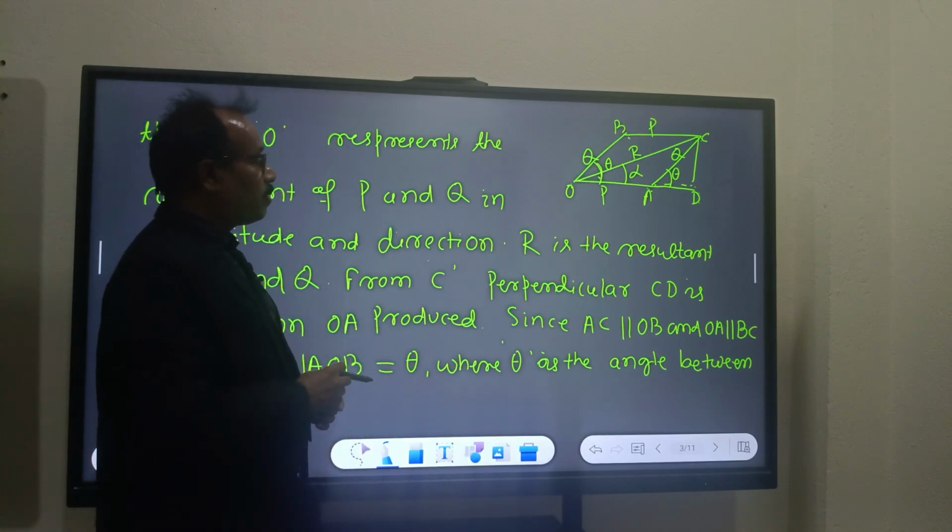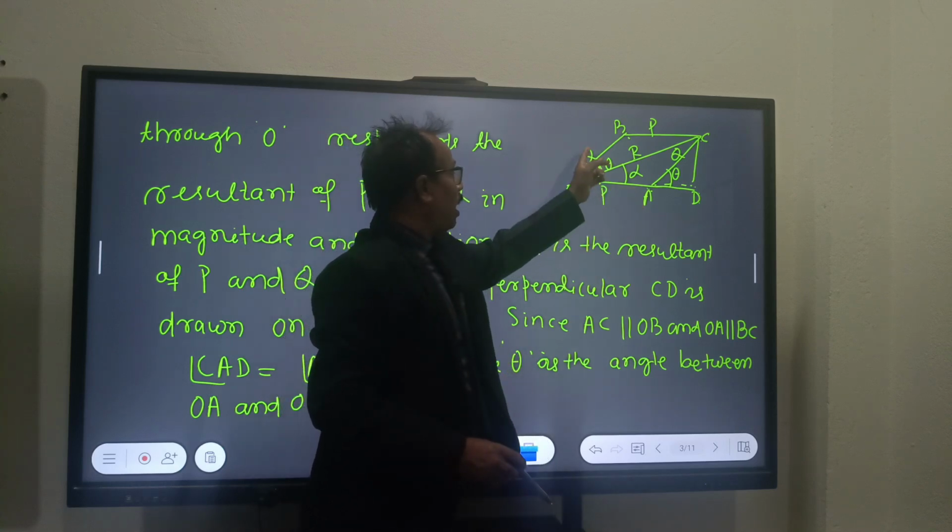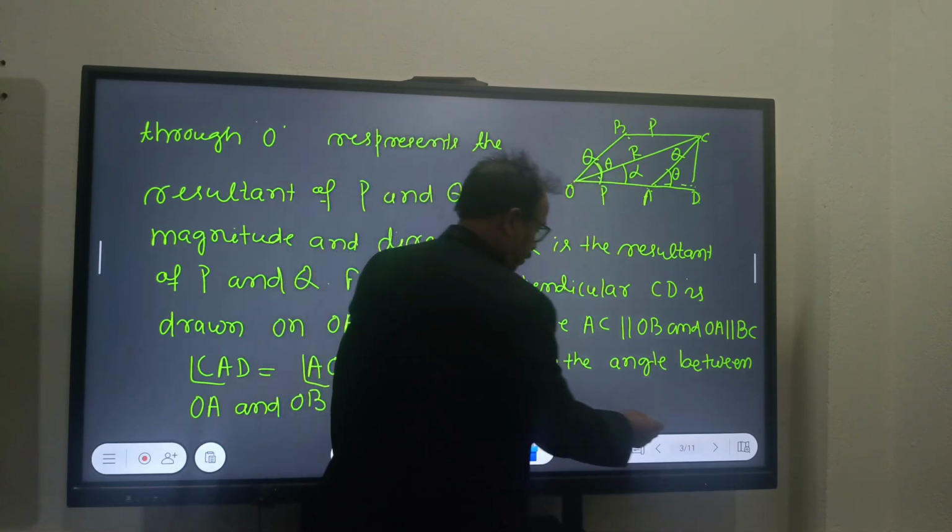Therefore, theta is the angle between OA and OB.